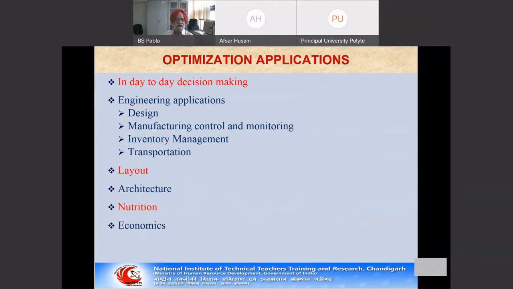I have already talked to you. We do make decisions or use optimization techniques in day-to-day working also. When I come to office from my home, I have a set route. Although I can have n number of routes, I have a set route which I have studied, based on my past experience.